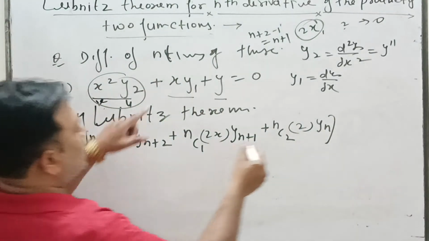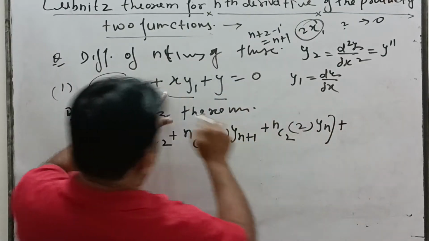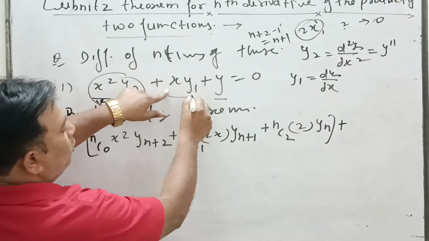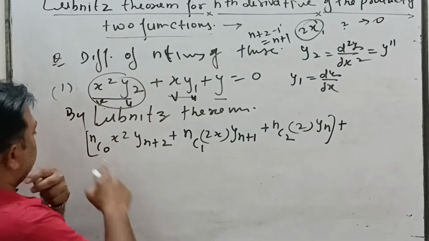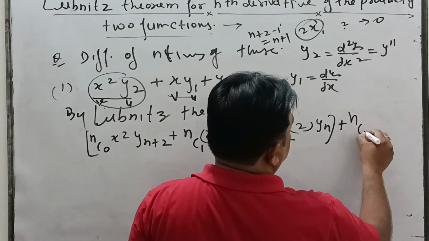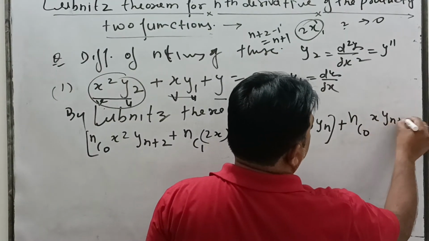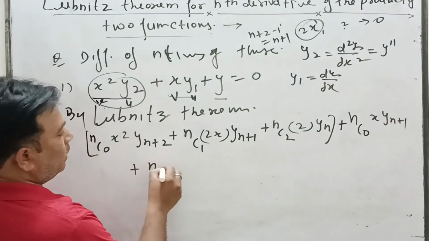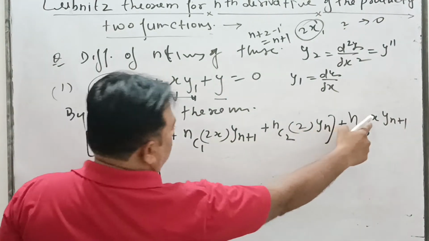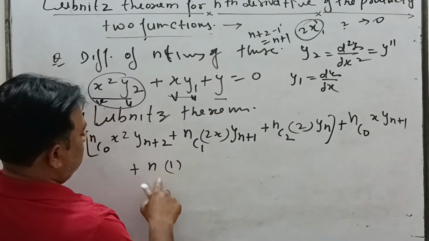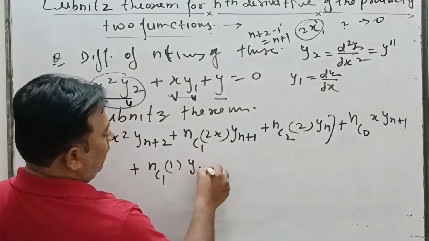Again similar process: we start with x and y, this is u and this is v. Similar process: nC0 x y n plus 1, plus nC1, differentiation of x is 1, times yn.